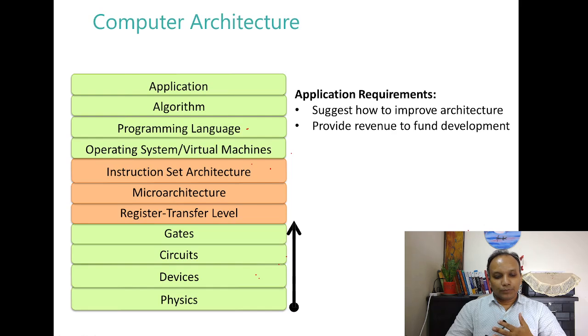For example, in the last class we talked about the top 500 supercomputers. Now, why is everybody so much interested in finding out what is the fastest supercomputer and so on, right?